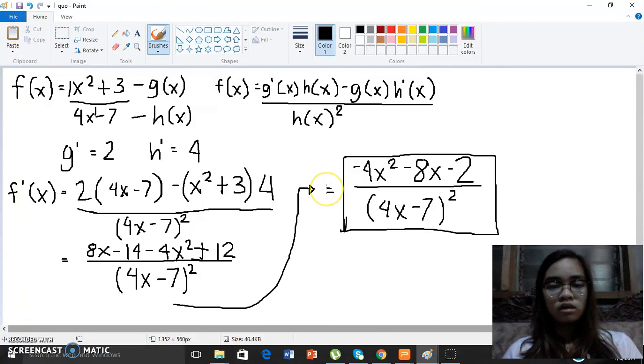I just combine like terms: negative 4x squared plus 8x, and then negative 14 plus 12 is equal to negative 2, over quantity 4x minus 7 squared. So this is now our final answer.